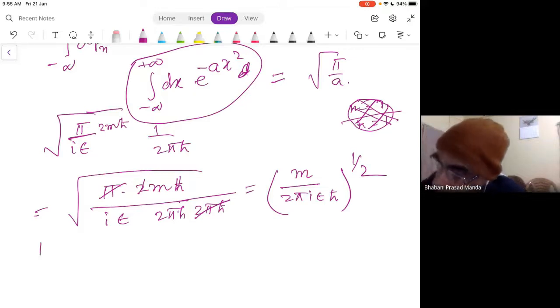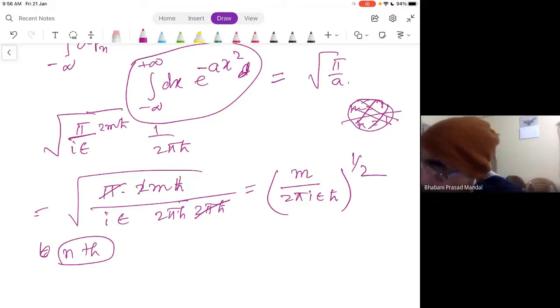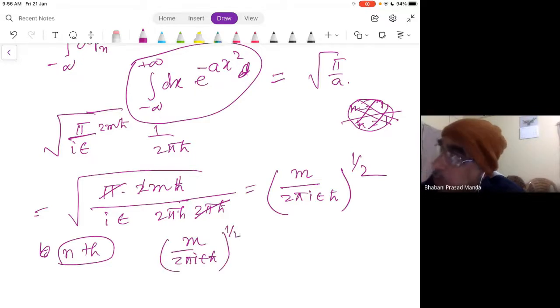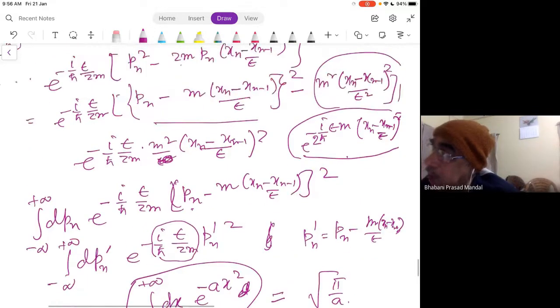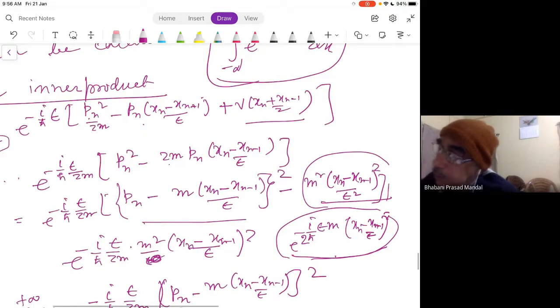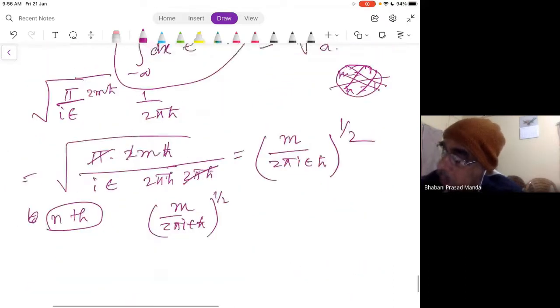So for the nth inner product, we get a factor of m over 2 pi i epsilon h cut to the power half, and you remember those factors are lying behind this factor, so you have to write those.